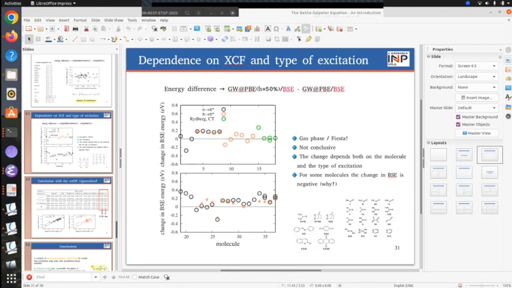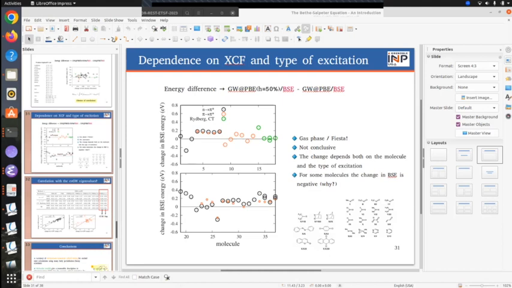So we use the plasmon pole in Yambo, and we haven't checked, so we don't have the proof that it's a fair thing to do.